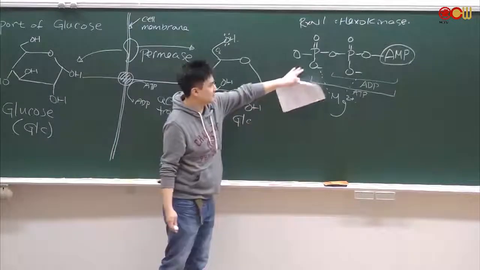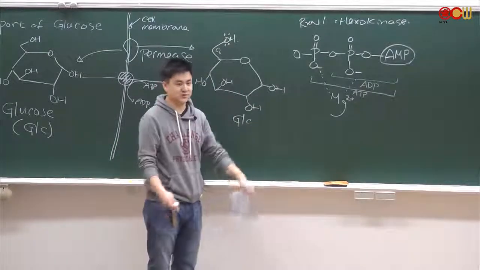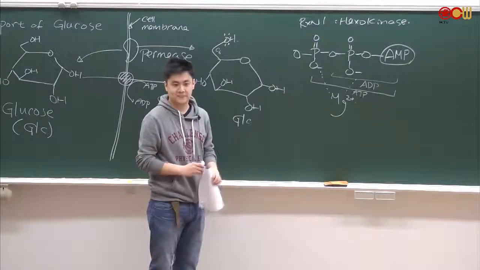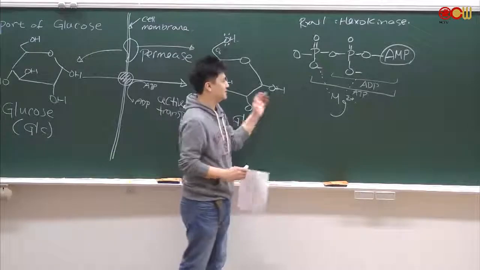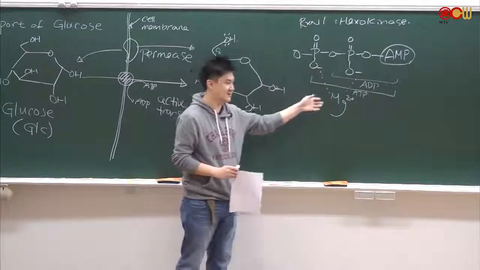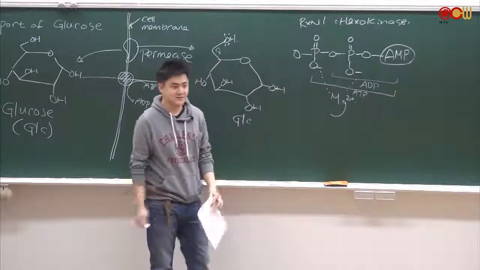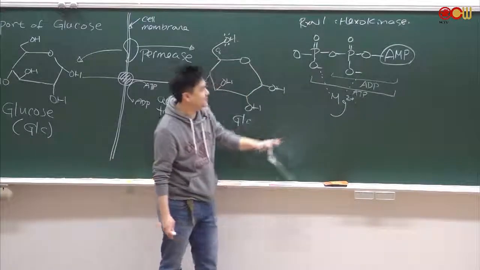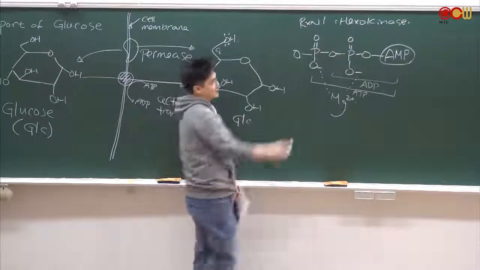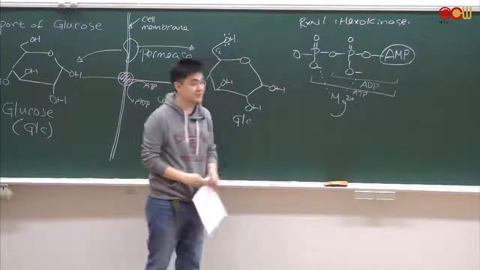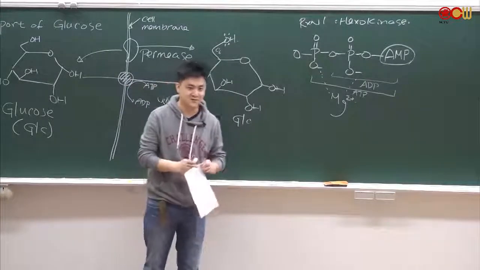Here, who is the electrophile? It's going to be glucose attacking ATP, right? If you look at the structure of ATP, or just look at the structure of phosphate right here, which atom do you think will be the electrophile?